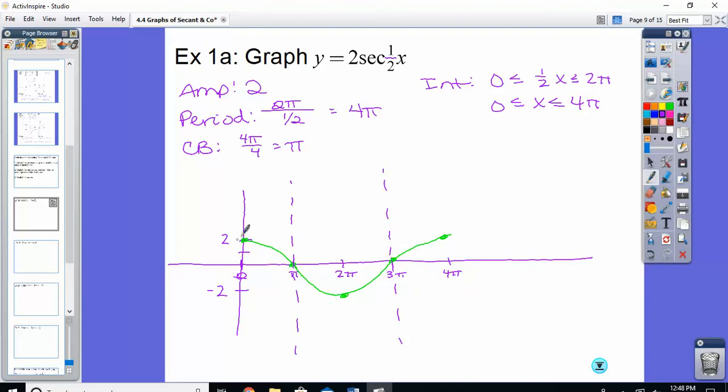Our high and low points are going to stay. So I'm going to keep my points at 2 and -2. And then I just reflect the graph away from the axis. So just a nice curve approaching your asymptote. So you can highlight that final piece if you want, or go back and erase the sine and cosine, or just make sure you draw this really dark, something so I can tell the final part of your graph.